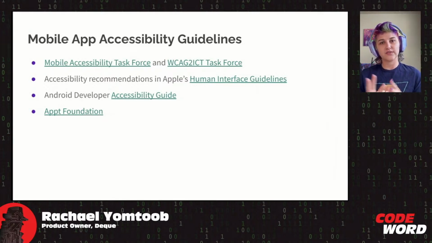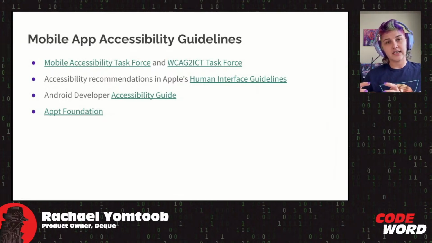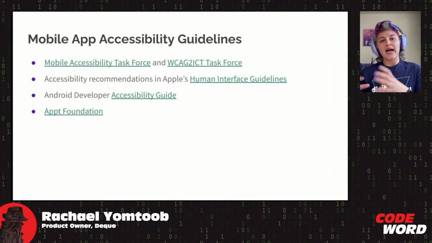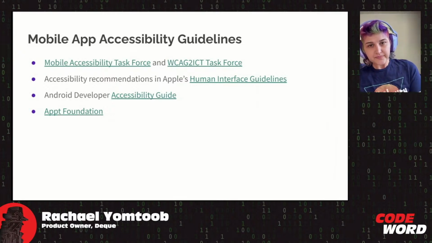However, that task force is only able to create their own secondary document to WCAG. They aren't able to add notes directly to WCAG or contribute new guidelines. So the power of the task force is very limited in what they can provide to WCAG.